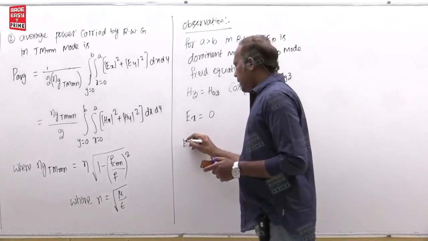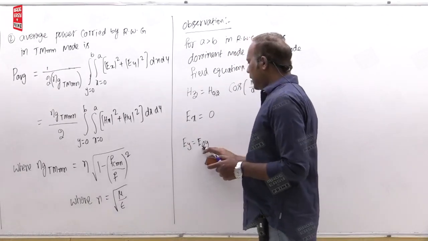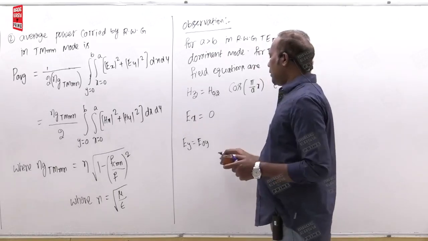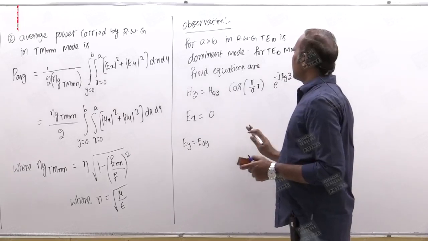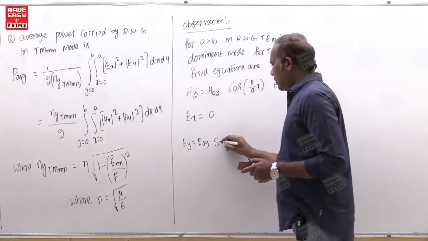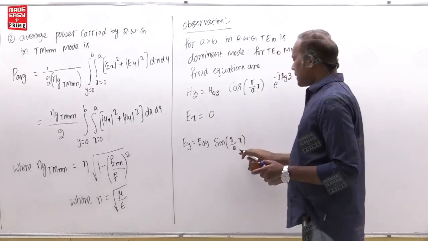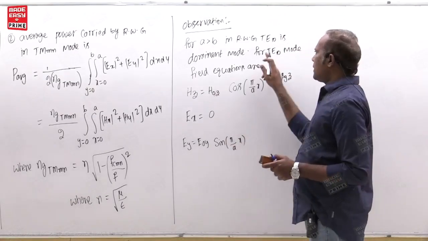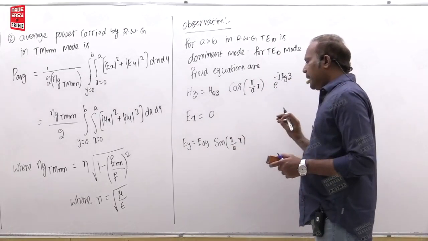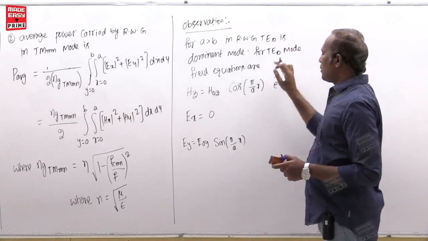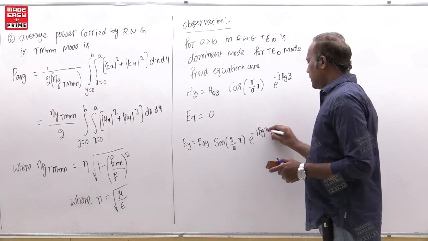Next, electric field y component is equal to E0y, meaning initial electric field for y component. Then it was sine and cos. So sine m pi by a x, for 10 mode m is equal to 1, and cos n pi by b into y, n is 0, cos 0 is 1, so e power minus j beta z.